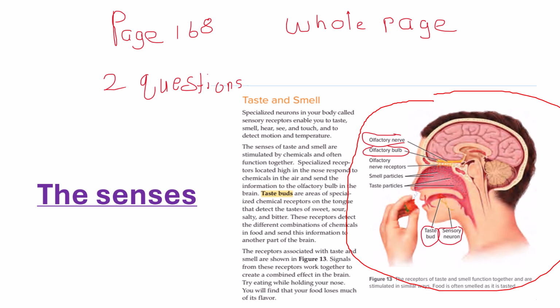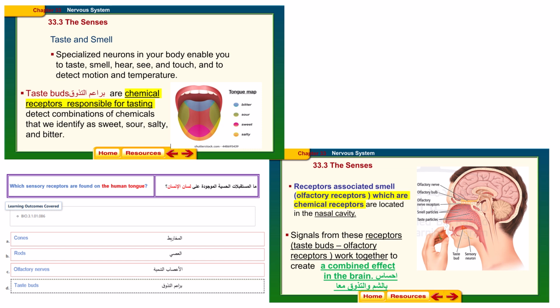So remember the keywords. Coming to the questions: which sensory receptors are found on the human tongue? You know that it is taste buds. Then you can see on the tongue, bitter is at the back, sour is experienced on the sides of the tongue, the tip of the tongue is mainly sweet, and salty is around the corner of the tongue.